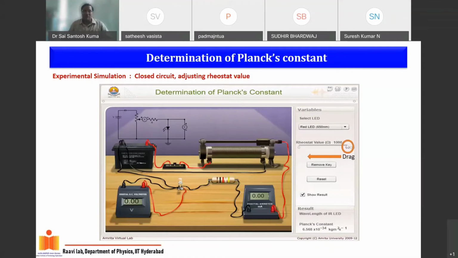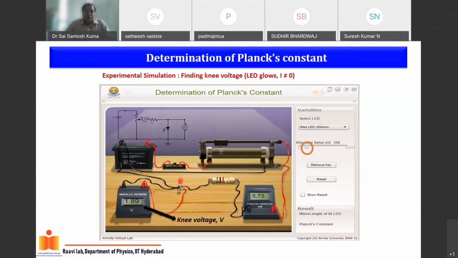Otherwise you have a short circuit and things will burn out. So this is the idea of the key in the real lab. The same thing is simulated here, right? So this experiment doesn't let you start unless you have all the connections perfect. Okay, so this is another way of having a simulation close to reality. That's a very nice thing about this virtual lab, right?